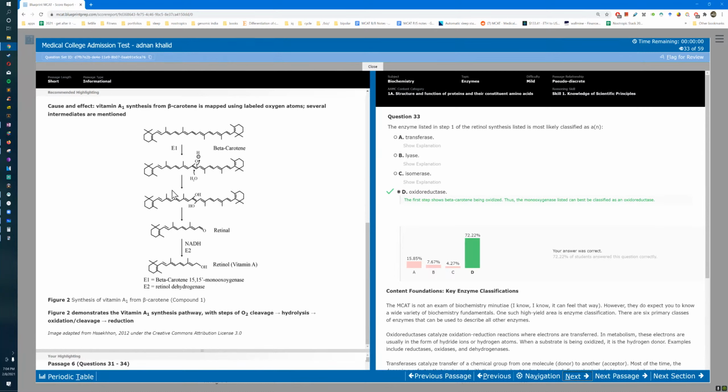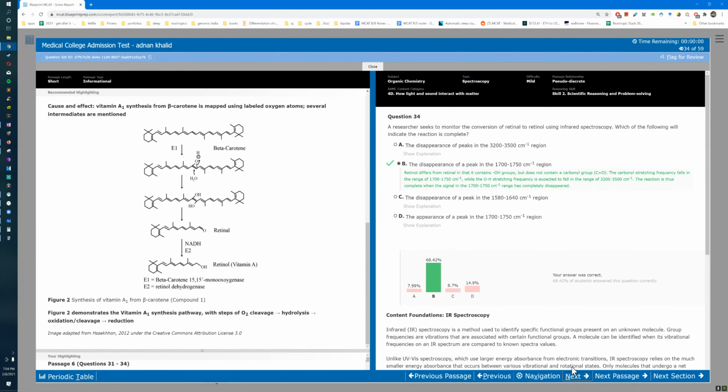Enzyme 1, E1, they said it's beta-carotene monooxygenase. And I just know that that's an oxidoreductase, because they're named like that. Conversion of retinal to retinol.